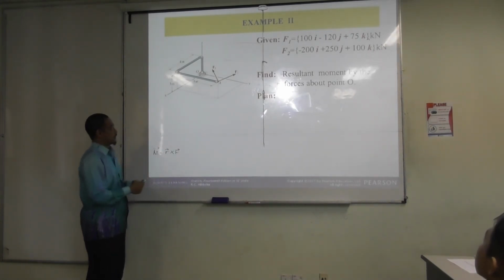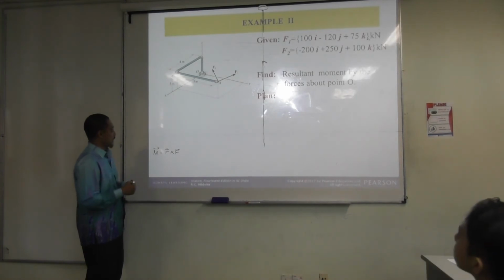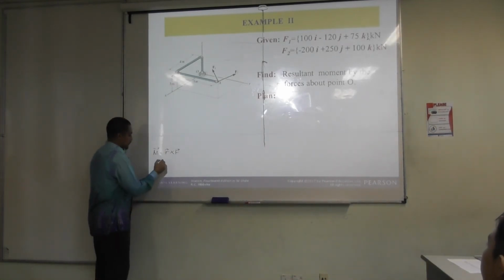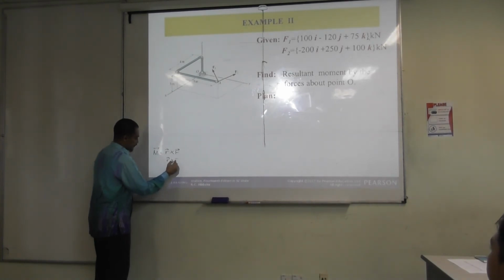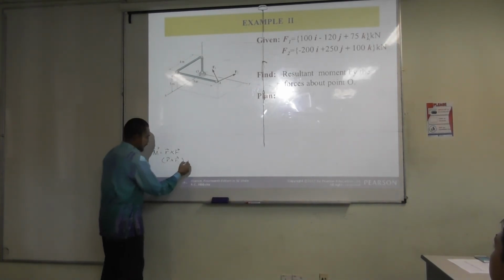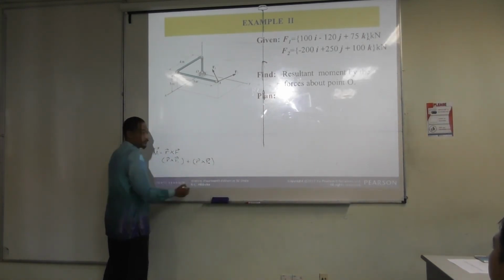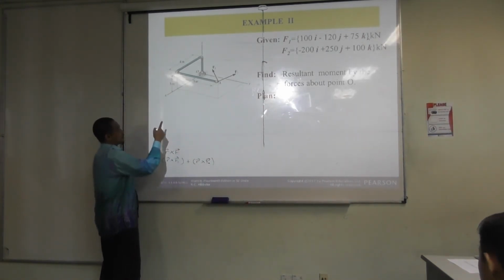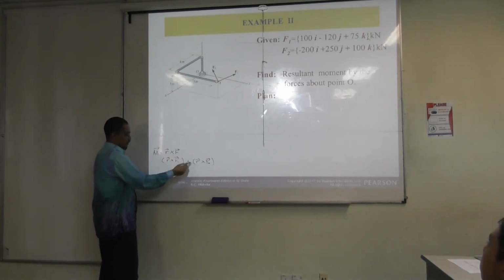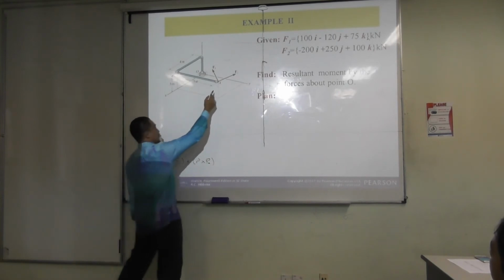Now, in this particular case, there are two ways to solve. Either you do it for F1 and then for F2, meaning R cross F1 plus R cross F2. Or, is this R the same or different? R is the same for this question because it goes to the same point.